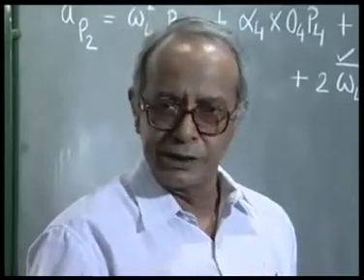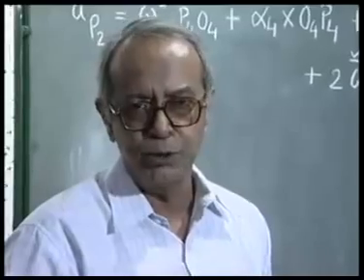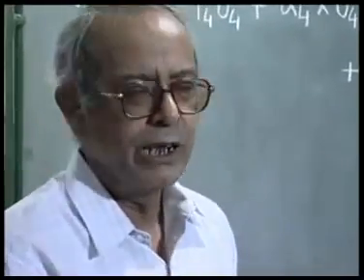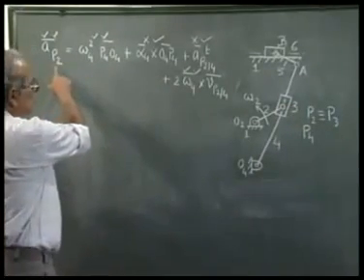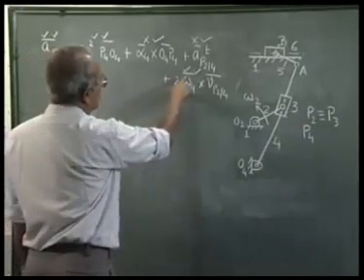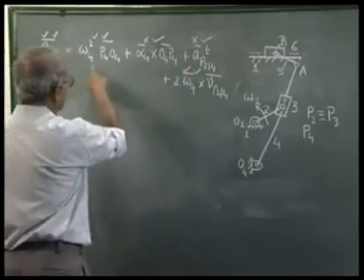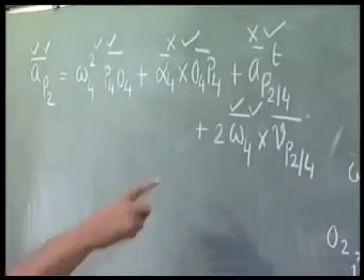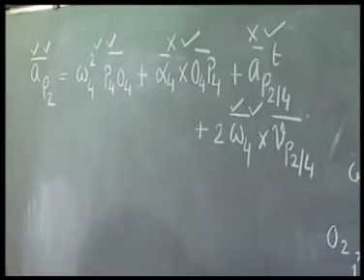So, by considering two instantaneously coincident points P2 and P4, we reach this acceleration equation between AP2, the Coriolis component AP24 and AP4. Because there are two unknowns in this vector equation, let me draw the acceleration diagram, the vector diagram.